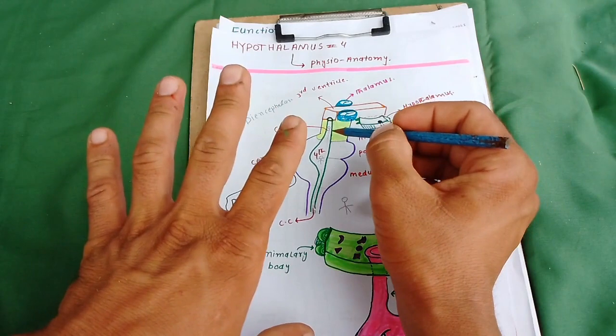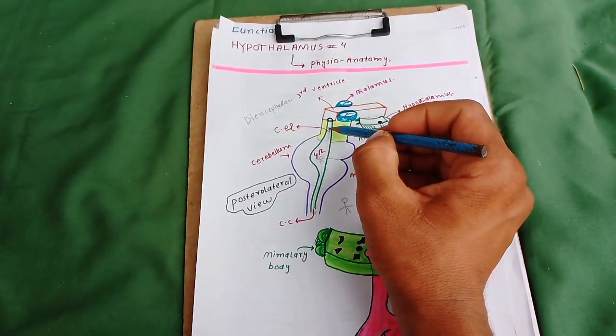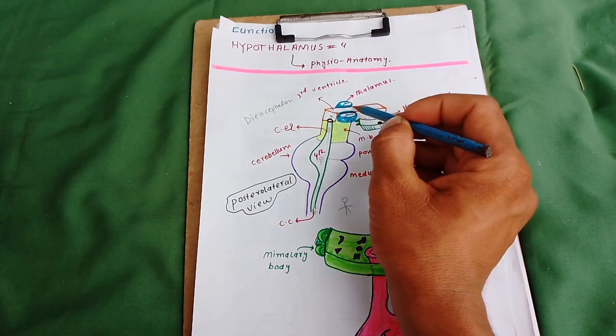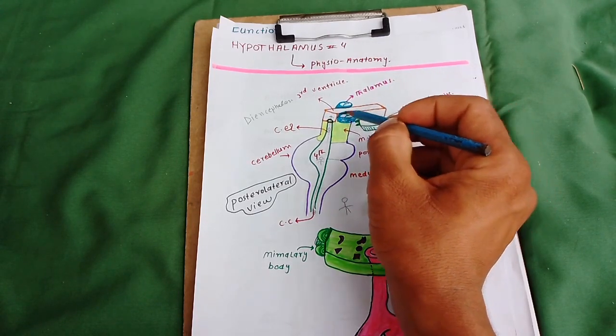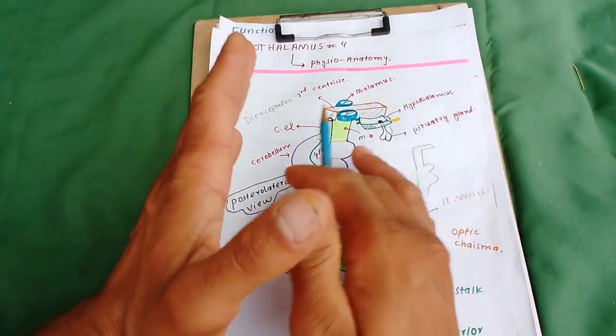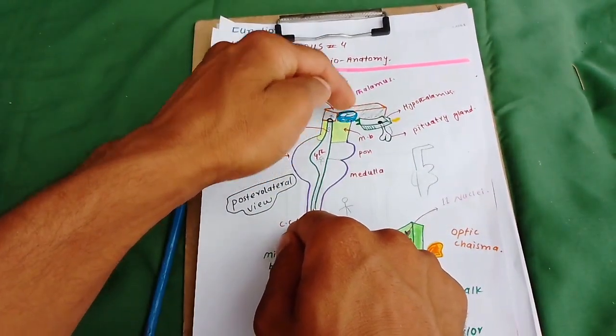Already discussed previously. But the cerebral aqueduct opens into the cavity called the third ventricle. This is the third ventricle. The third ventricle is occupied by the thalamus. This is one thalamus, and this is another thalamus.